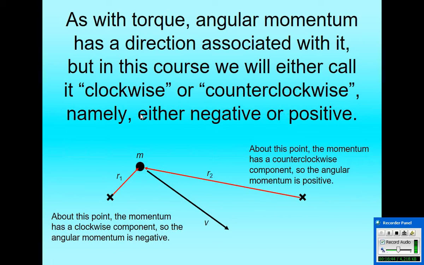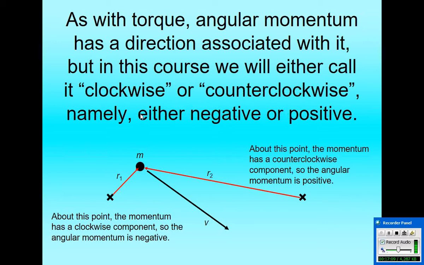If you are standing at the x to the left, then the moving mass has a clockwise motion relative to you. And if we wanted to calculate the angular momentum using r p sine theta, we'd have to stick a negative sign in front to take into account that clockwise motion.